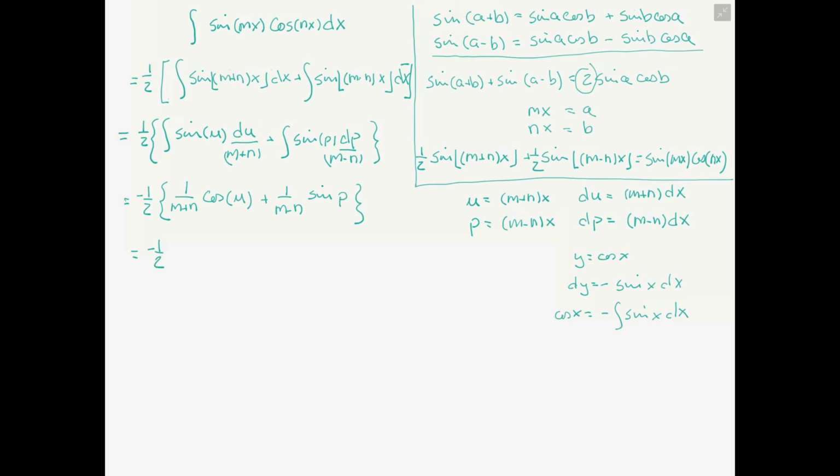And now we make our substitutions back to x. We have minus 1/2 times 1 over (m plus n) cosine of (m plus n)x, plus 1 over (m minus n) cosine of (m minus n)x, and plus c. That's our solution.